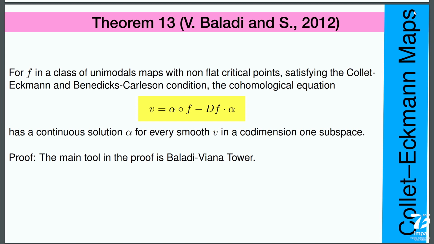In this situation, for V in a codimension 1 subspace, the cohomological equation has a continuous solution. But we don't know if it's better than that. We have no idea how to prove that it's more regular than that. And you use towers to prove this result.